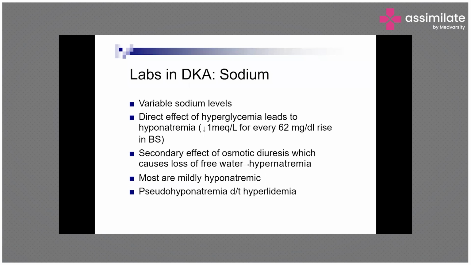Then the secondary effects of osmotic diuresis can also come in. Initially there will be hyponatremia, but when there is excessive osmotic diuresis, which will lead to loss of more free water, subsequently the patient may have hypernatremia. So the initial feature may be hyponatremia, but in extreme DKA, in an extremely dehydrated state, the patient may present with hypernatremia.